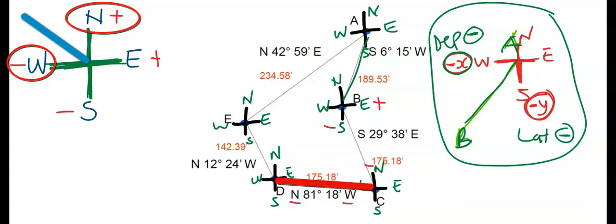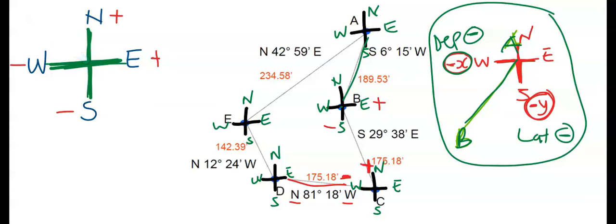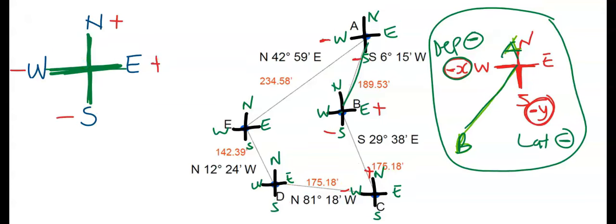The north is positive and the west is negative. From C to D, your latitude will be positive and your easting, which is your departure, will be negative. Consider this in your calculation.